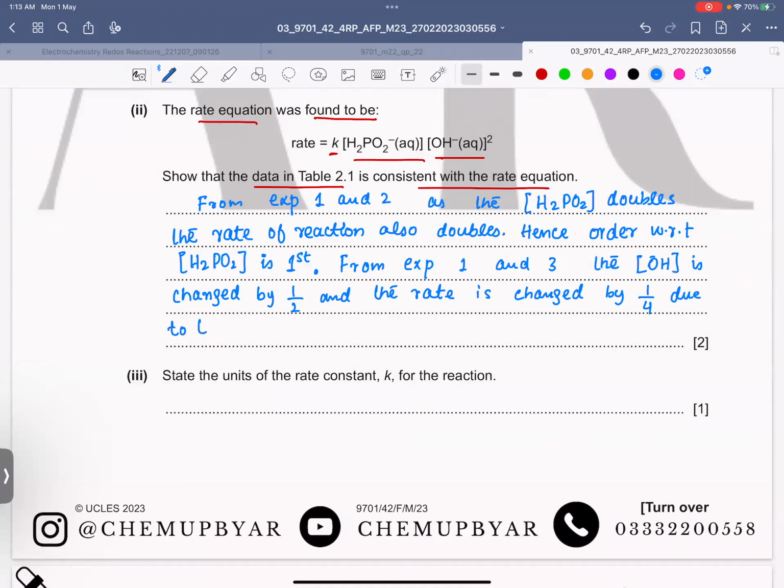Due to this, the order with respect to concentration of hydroxide ion is second. If anyone has any confusion, do ask.